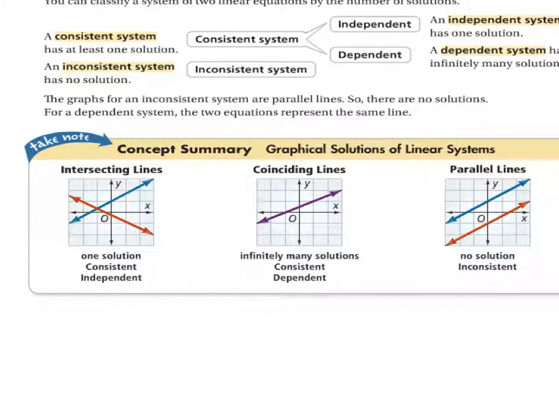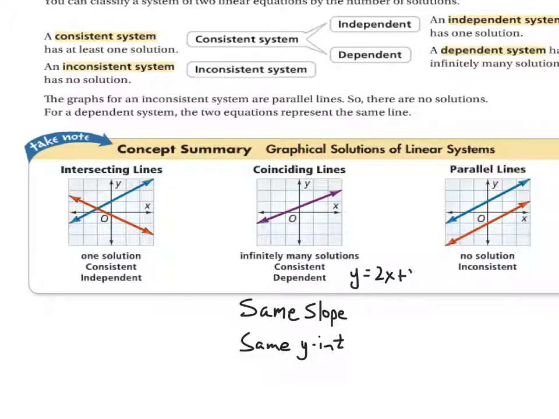Okay, if you remember, we're getting equations in the slope-intercept form every time. So in this case, you would have the same slope and the same y-intercept. For example, maybe you have y equals 2x plus 3 and y equals 2x plus 3 when you get done.